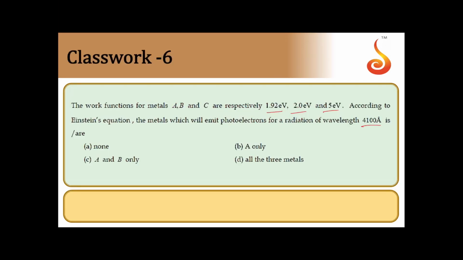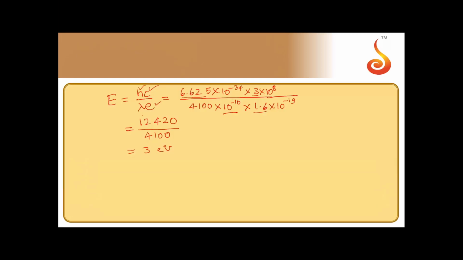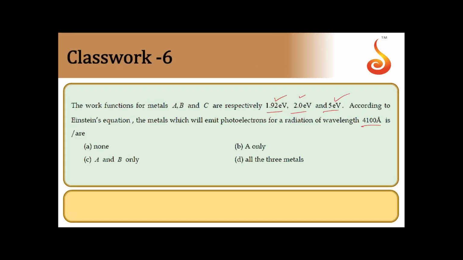Now look at the options. A is 1.92, B is 2 electron volt, C is 5 electron volt. This is the work function. Now the energy of the incident photon is 3 electron volt, which is greater than 1.92 and 2.